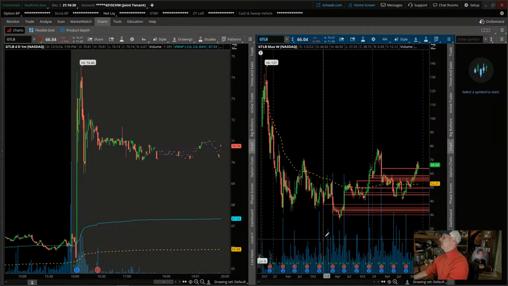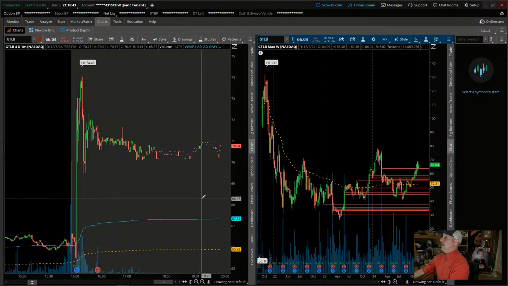GitLab. Yeah. 26, 40, and now you're in the 70s. You're right on the cusp of a possible breakout. If this thing gets over that 78, and then you're in this realm, you could be looking at 92 bucks.